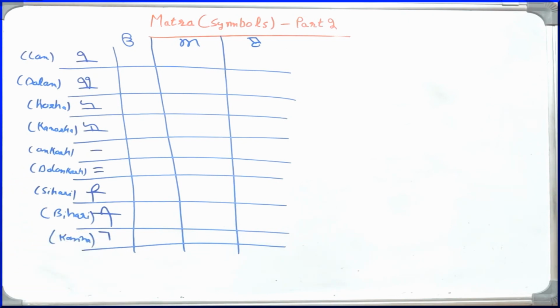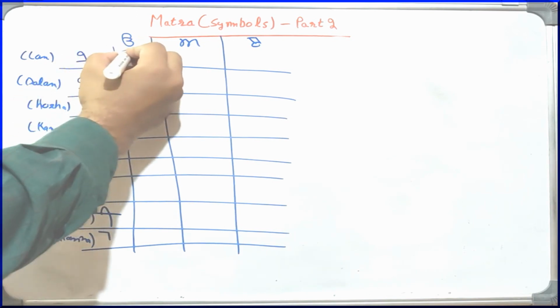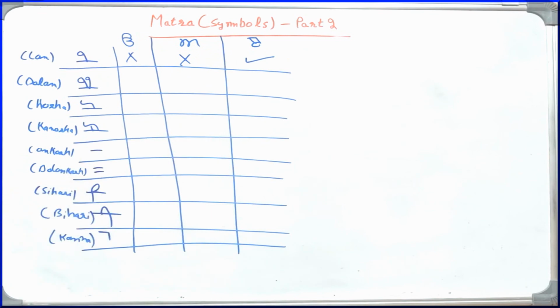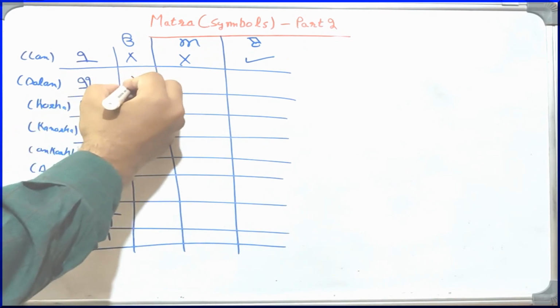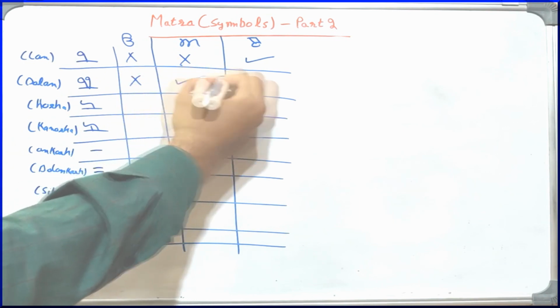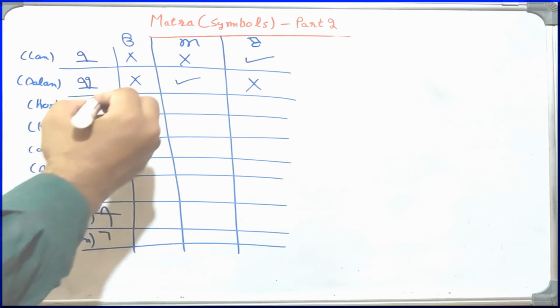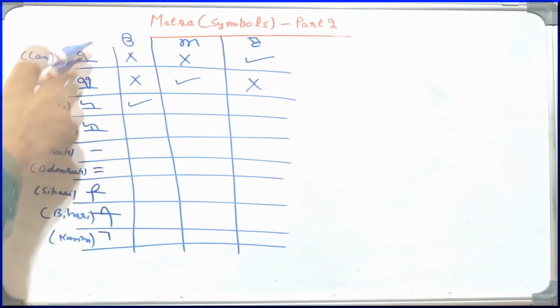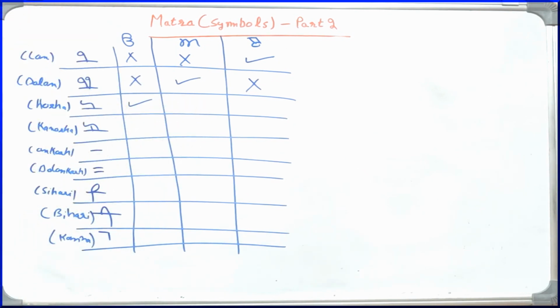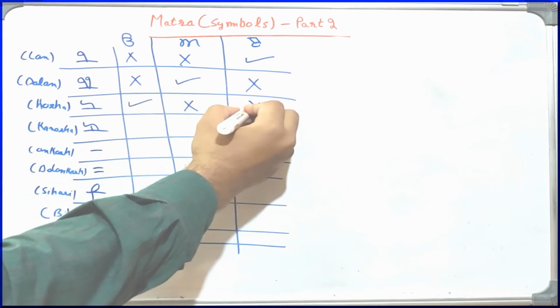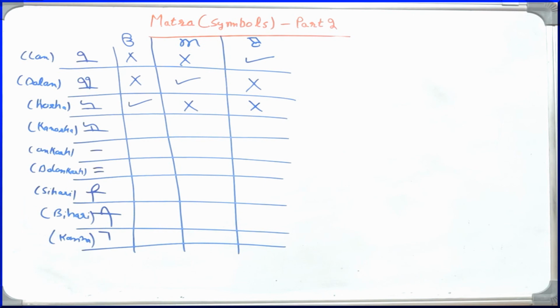Okay, let's see where we can put La. We cannot put it on Uda. We cannot put it on Ada. We can put it on Edi. The La, we cannot put it on Uda. We can put it on Ada, not on Edi. Hoda, we can put it on Uda. Just remember that we have to open the mouth of Uda, okay? We cannot put it on Ada, sorry.